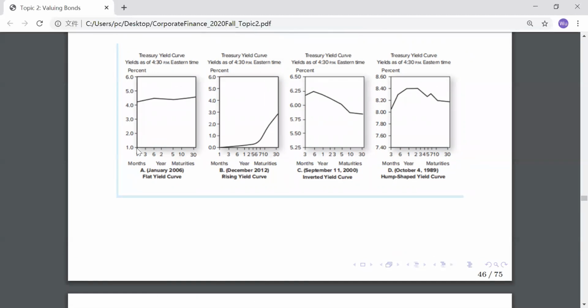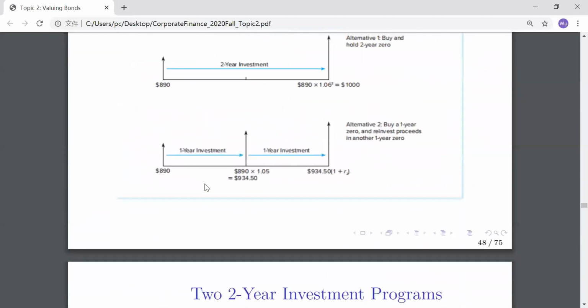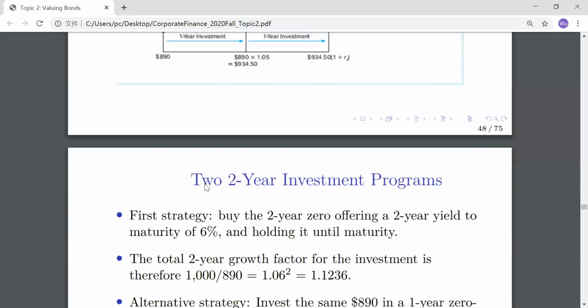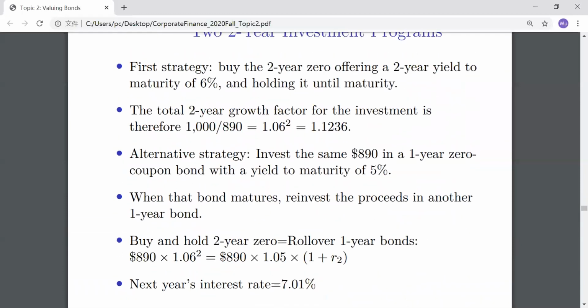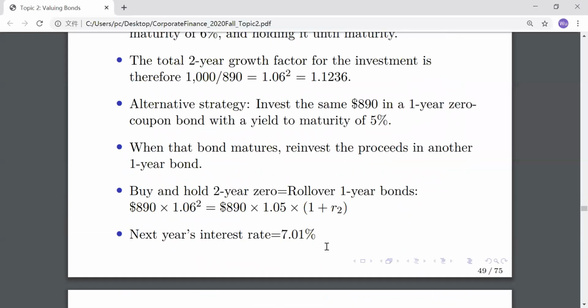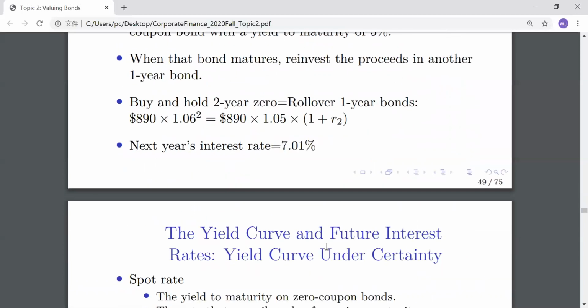This is the yield of the 1-year zero, which is 5%. Our calculation already implies that next year's interest rate, the second year yield, is going to be 7%. Now 7% is much greater than 5%. So this implies that if you have an upward sloping yield curve, the interest rate is going to be higher in the future, in the next year.